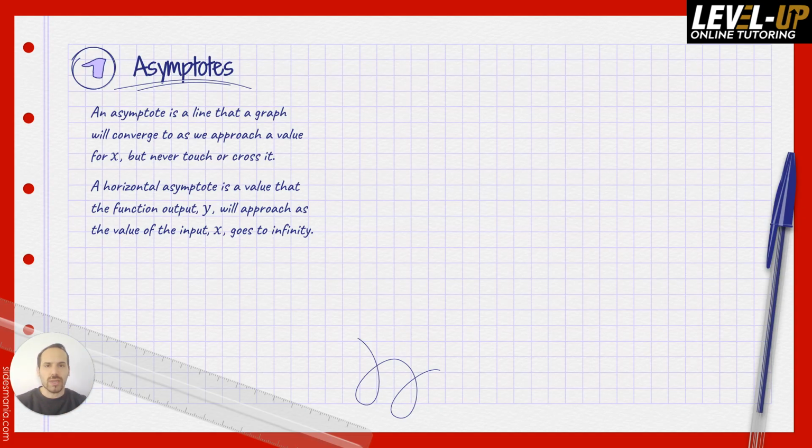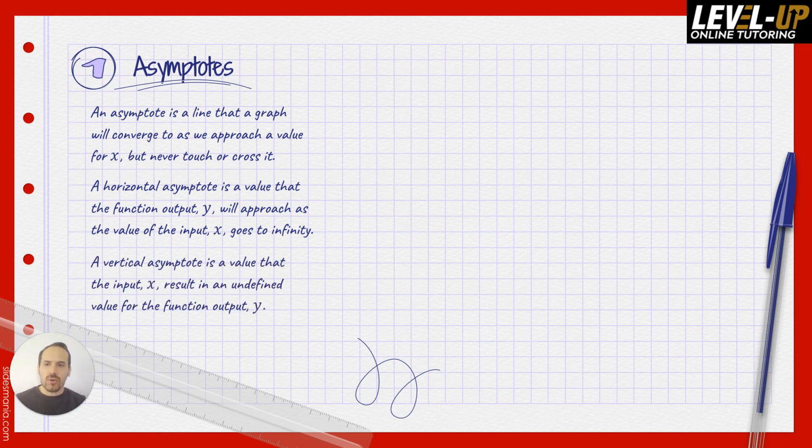That's the idea of a horizontal asymptote. And then we have a vertical asymptote, which is the result of an undefined value for a function output for a given x input. So that's basically an actual value in which the function just doesn't work. So the best way to look at that would be with an example.